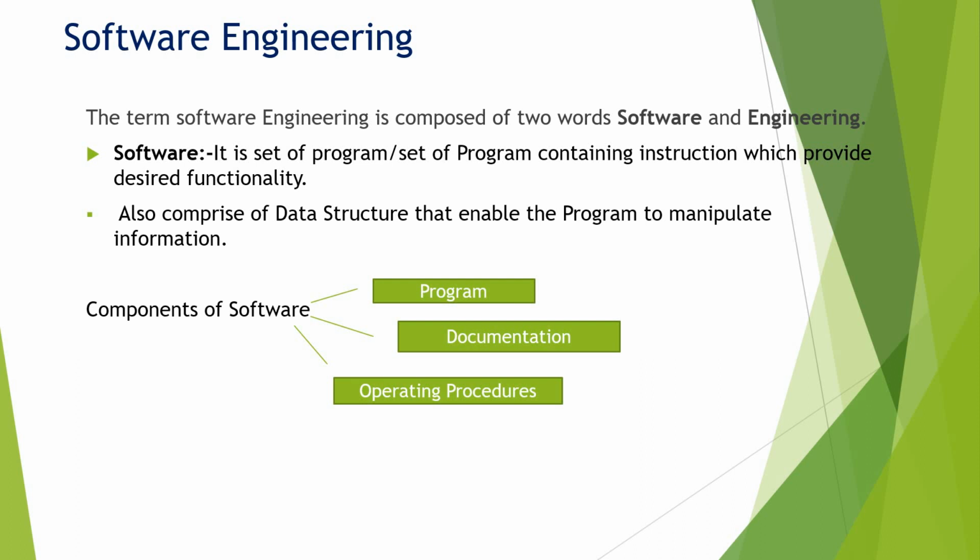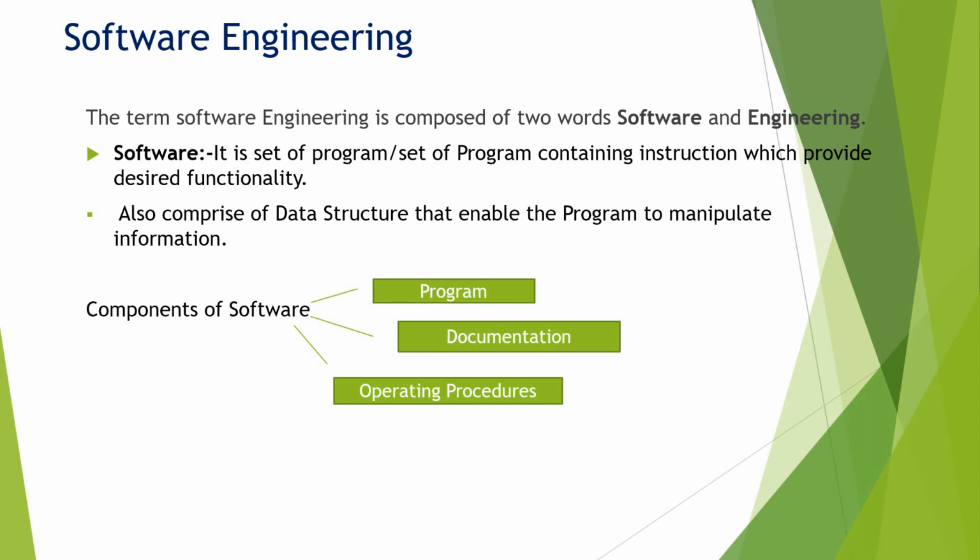Software is basically a set of programs or a set of instructions which provide desired functionality, and it also comprises data structures that enable the program to manipulate information. That means change any information via the programs.